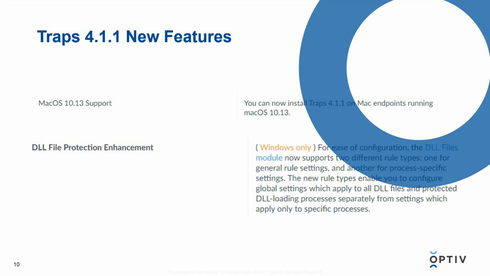Now this enhancement supports two different rule types, one for general rule settings and another for process specific. These two rule types enable you to configure global settings which apply to all DLL files and the protected DLL loading process separately from settings which only apply to a specific process.